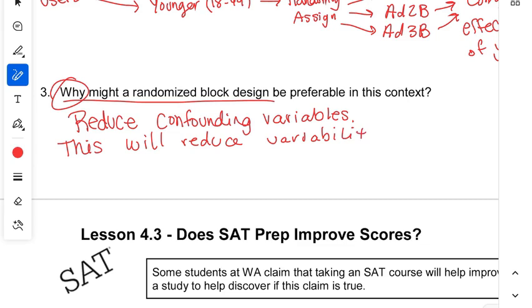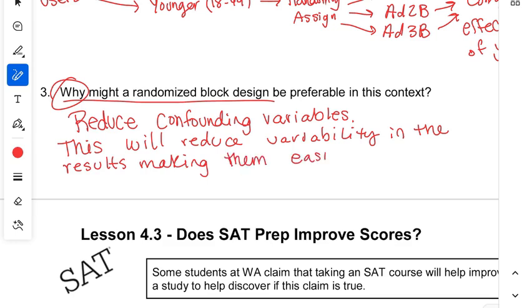This will reduce variability in the results. We can't remove confounding variables completely, just like we can't remove variability completely, but we can lower it. So we'll reduce variability in the results, making them easier to compare.